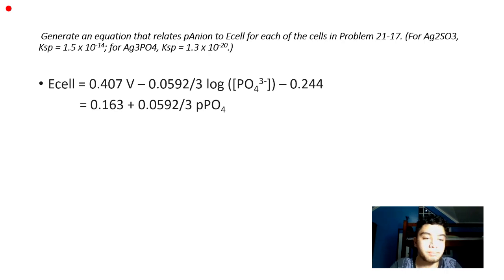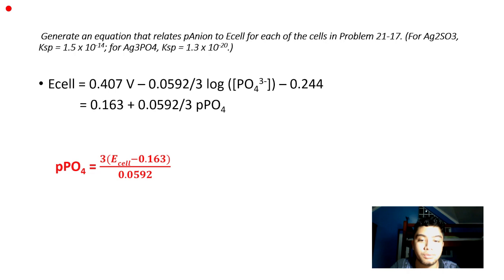After again simplifying, we get 0.163 plus 0.0592 all over 3 times the pPO4. Since we are finding the pPO4, that becomes the variable y. So we move it to the left. So pPO4 is equal to 3 times E cell minus 0.163 all over 0.0592.